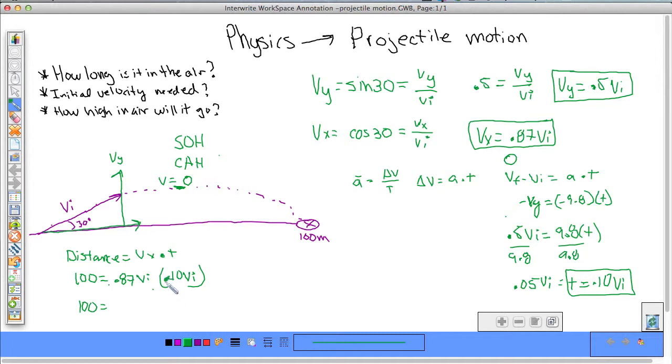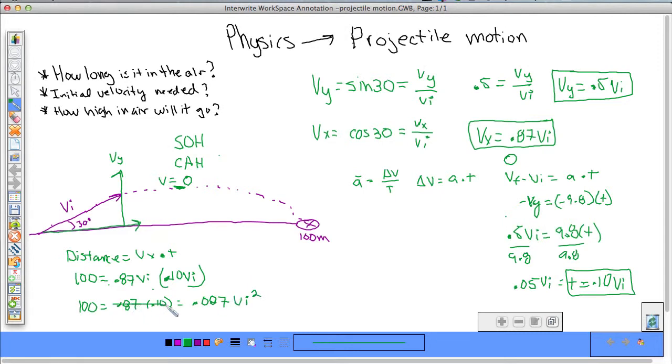So I've got 0.87 times, so I could go ahead and pull my VI out. I've got 0.87 times 0.10, and that's going to equal 0.087 times VI squared.